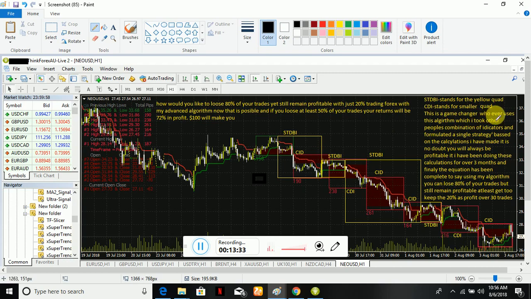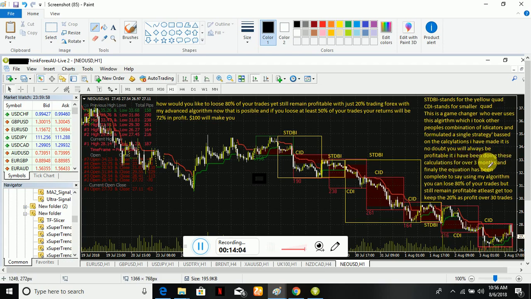Okay, this is a game changer. Whoever uses this algorithm, for which I took other people's combination of indicators and formulated a single strategy based on the calculations I have made, it is no doubt you will always be profitable.